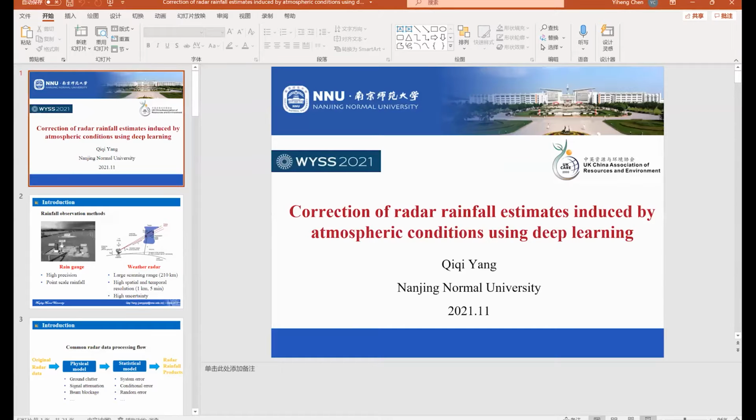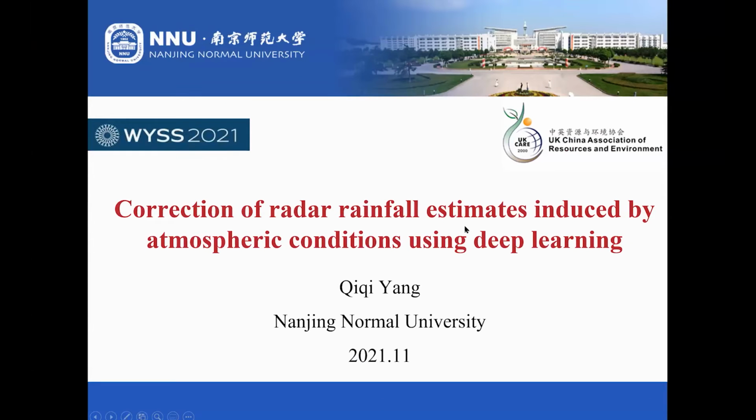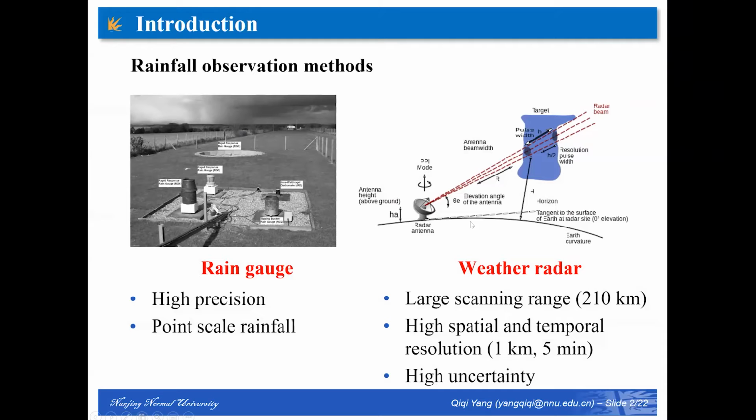Atmospheric condition using the deep learning method. When we talk about rainfall observation, we usually talk about rain gauges and the weather radar as the methods to record rainfall. The rain gauge often offers high precision rainfall observation, but at point scale, and we often regard it as the ground truth.